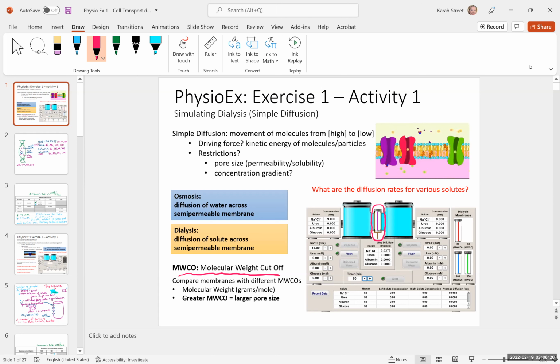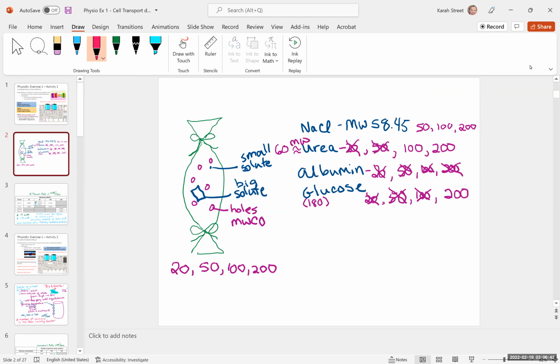What does that mean? Molecular weight cutoff refers to the pore size, the holes in that dialysis membrane. If a solute was smaller than the molecular weight cutoff, then the solute was able to move across that dialysis membrane. Let's review what you did.